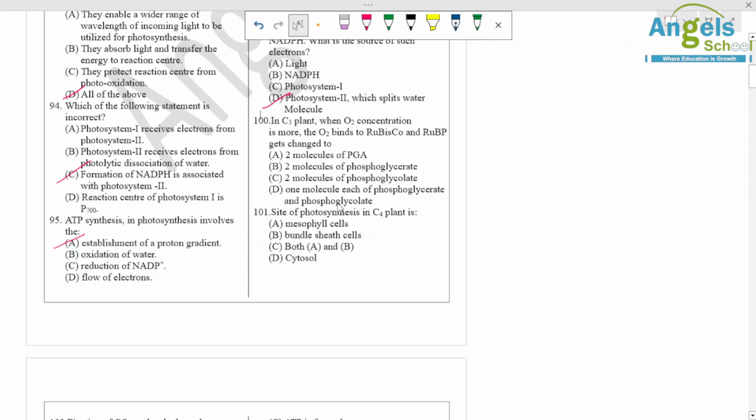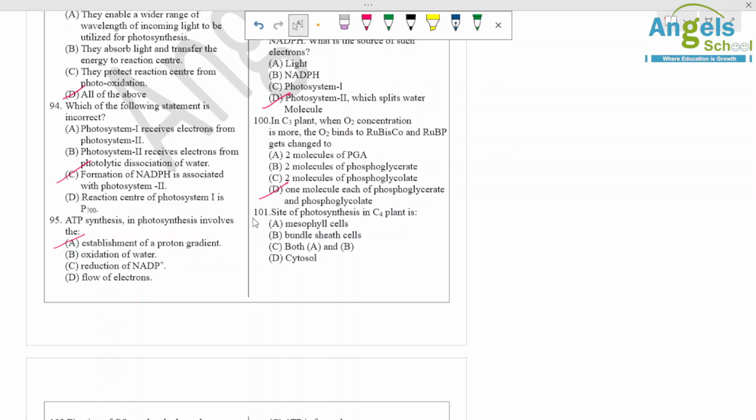So option D is correct. 1 molecule of phosphoglycolate and 1 molecule of phosphoglycerate is formed when Rubisco binds with oxygen, and RuBP has 5 carbons, so it converts into a 3 carbon molecule and a 2 carbon molecule, phosphoglycolate.